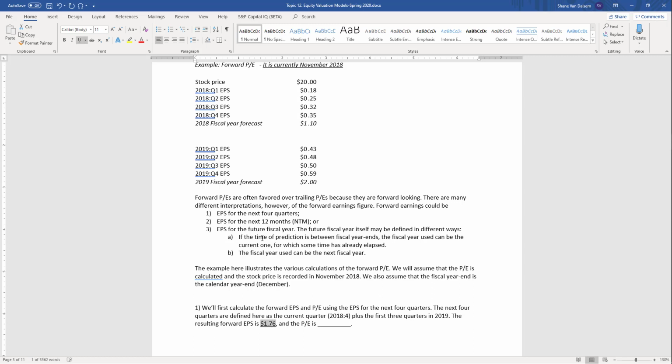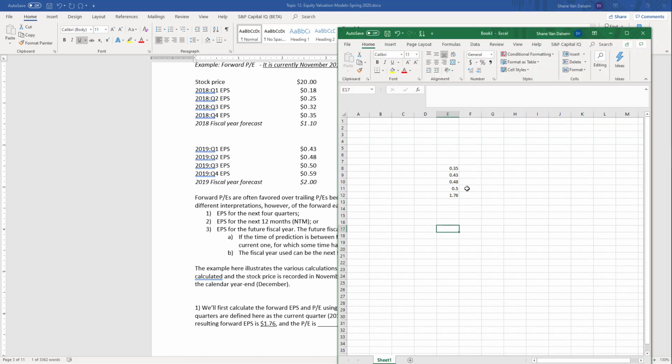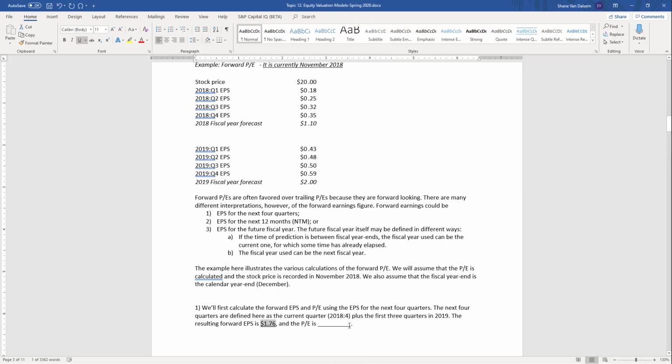The price to earnings ratio is the stock price today, as of whatever day we're doing it in November, is $20. So the price to earnings ratio is 20 divided by $1.76. So 11.36.